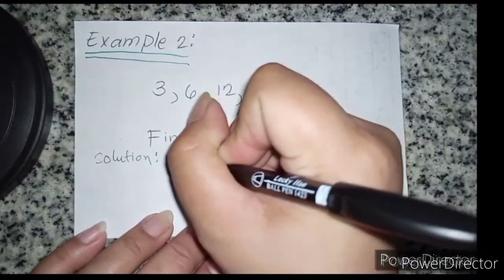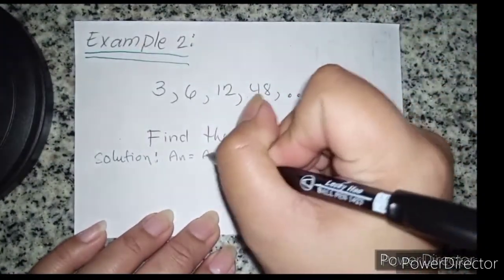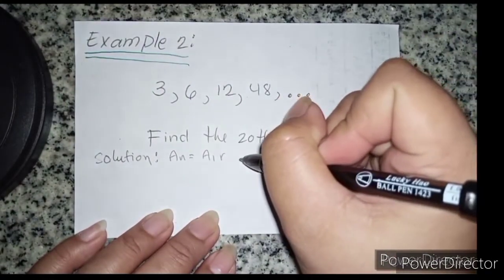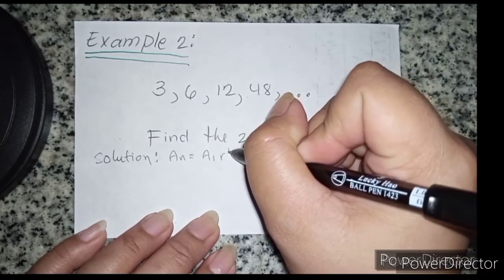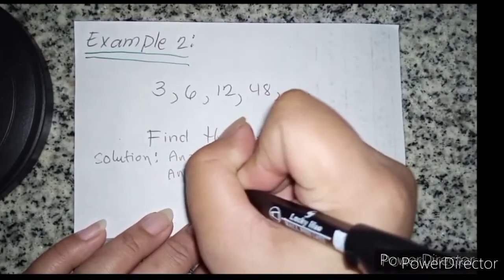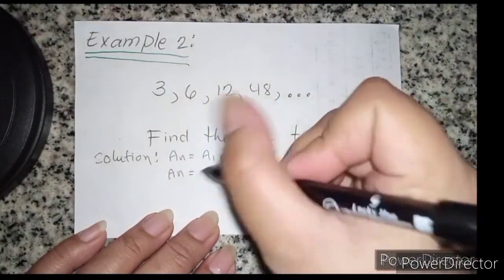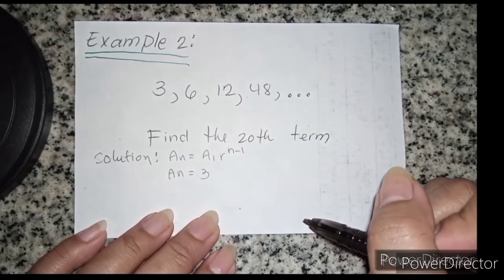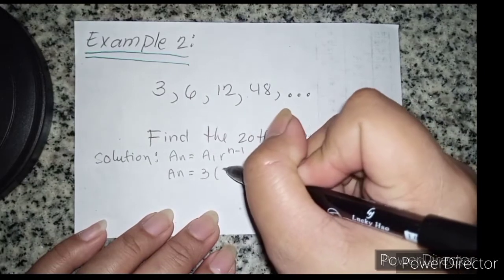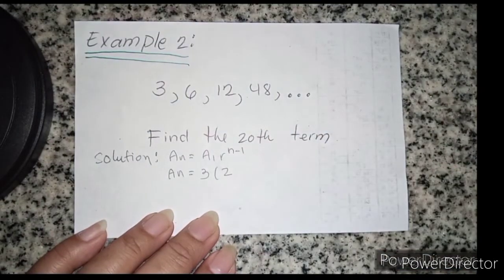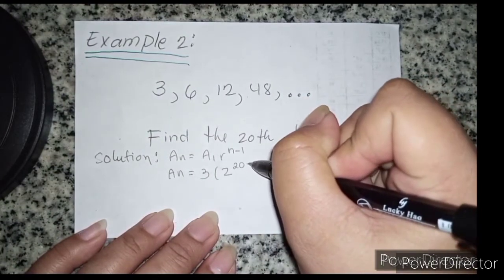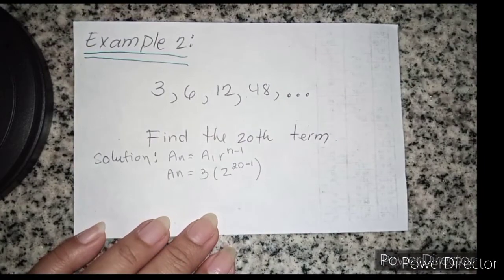So, our formula is a sub n is equal to a sub 1, multiplied by the ratio, raised to the number of terms minus 1. So, let's substitute the value. Our a sub 1 is 3. The common ratio is 2. The number of terms is 20 minus 1.